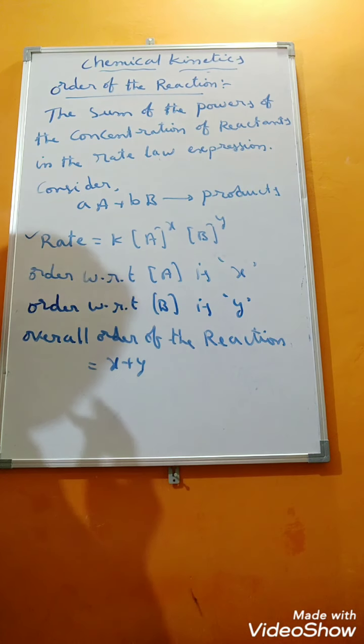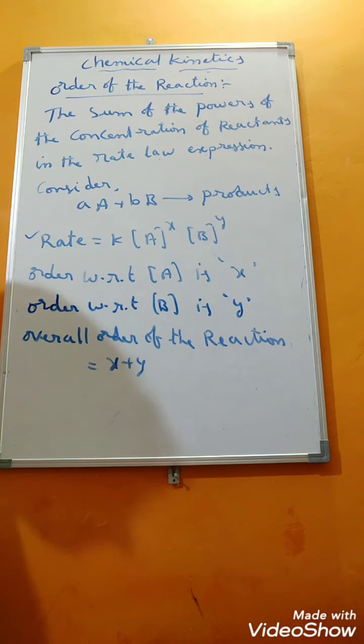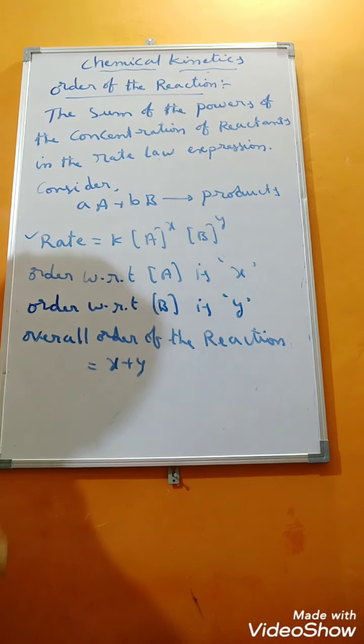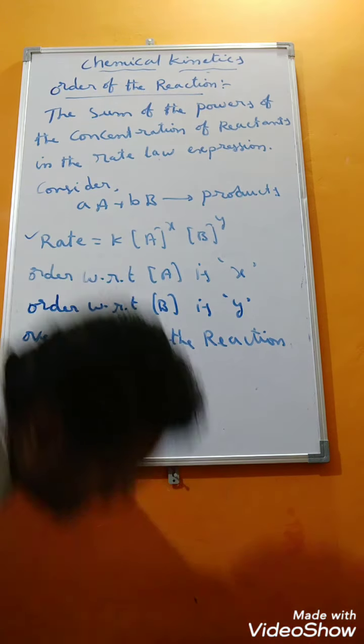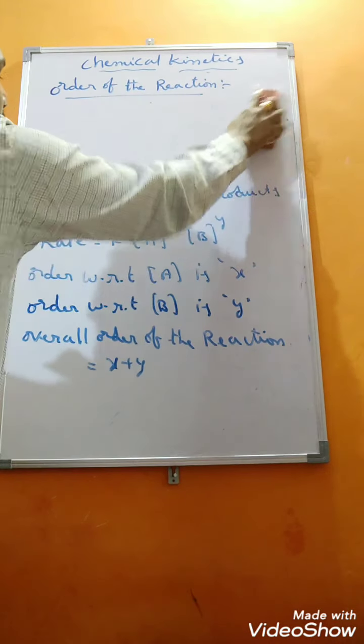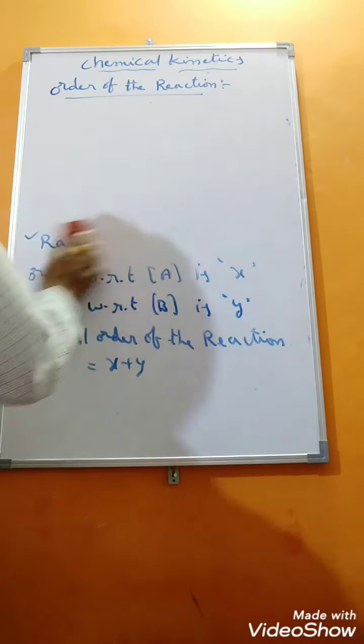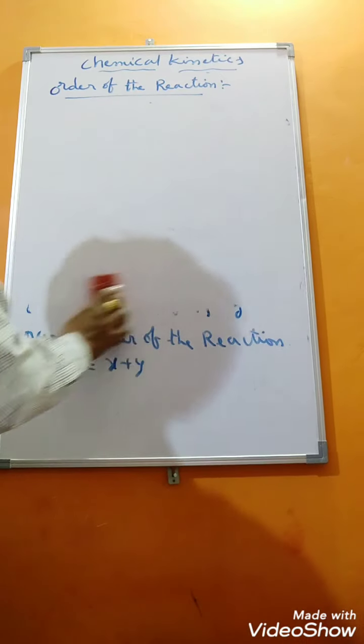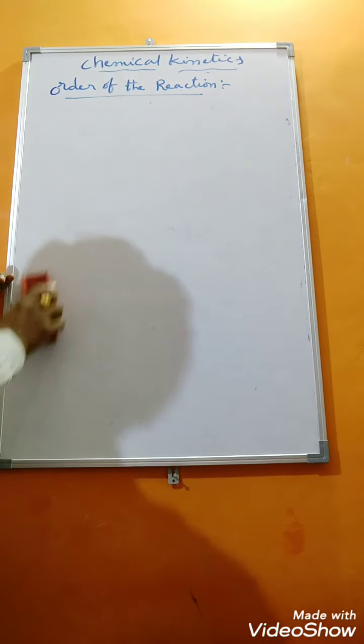Right, students? And this order may be 0, 1, 2, 3 and so on. Even a fractional value you may get. Sometimes you may get a negative value also for that particular reactant.